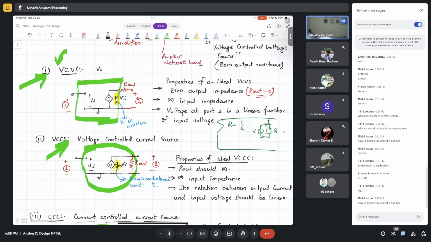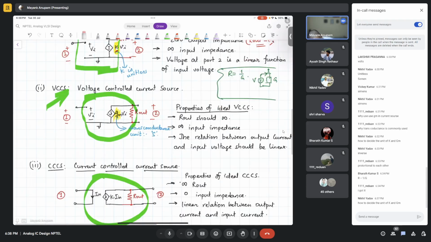So in this case, V out is equal to K times Vi, isn't it? Both sides have the same dimension, right? V out is voltage, Vi is also voltage. So naturally the dimension of K should be nothing, right? There should be no unit associated with K. It is a simple number, nothing else.